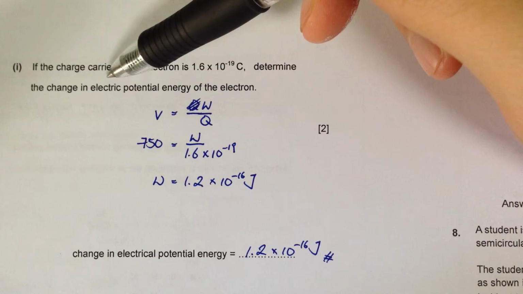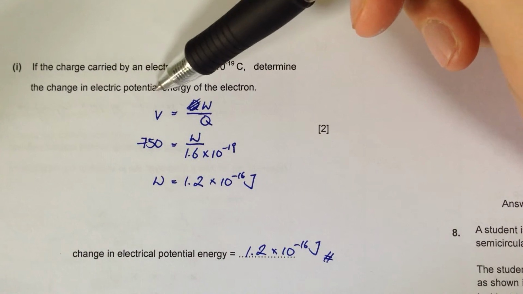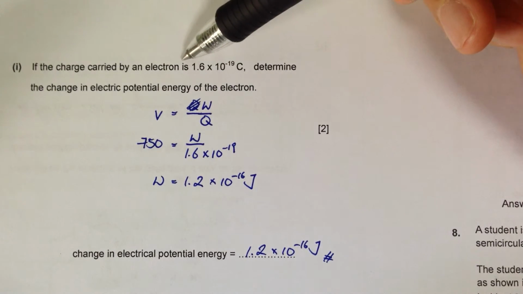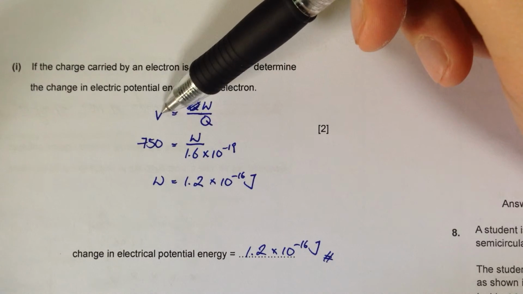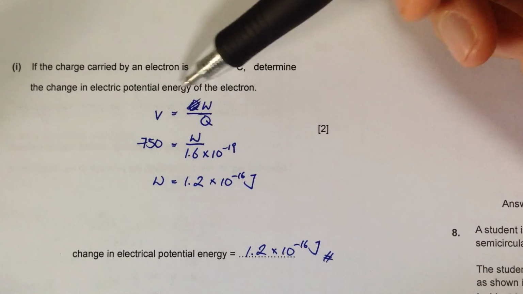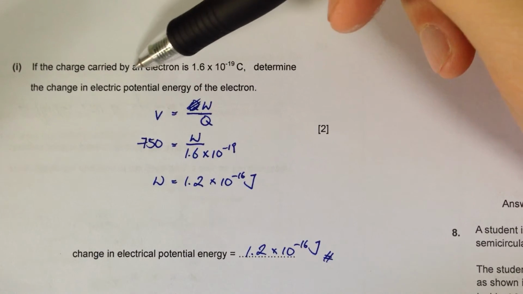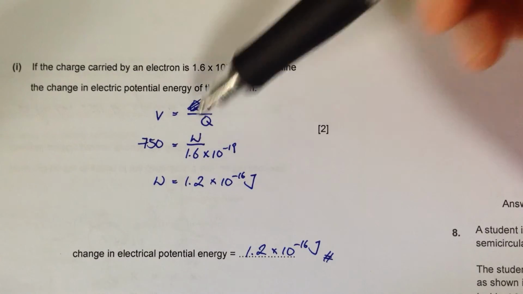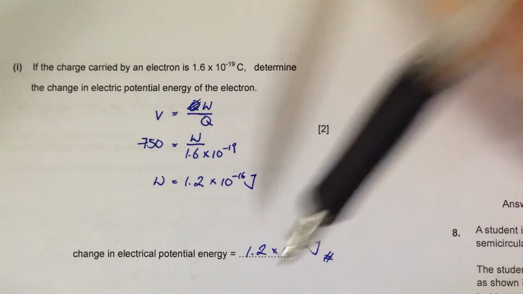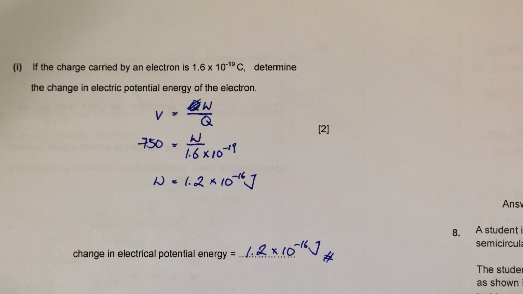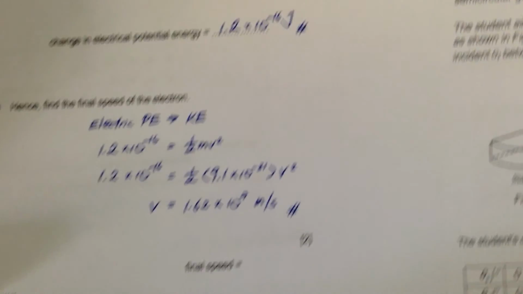They already tell you that the potential difference between the two plates is 750. So the change will be the work done. So just put the values into this equation, you will get the change in electrical potential energy, which basically will be converted into the work done.